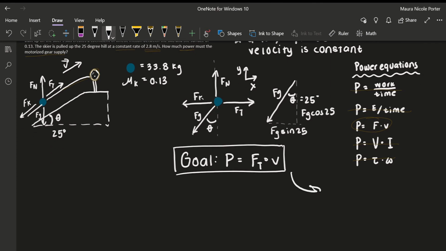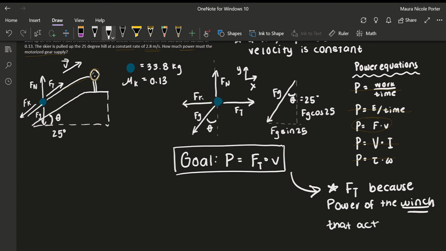So the reason that we did F of t is because it's the power of the winch, and that acts on the tow line.